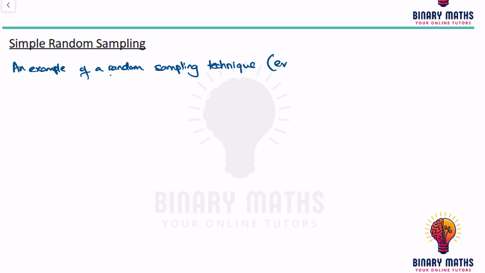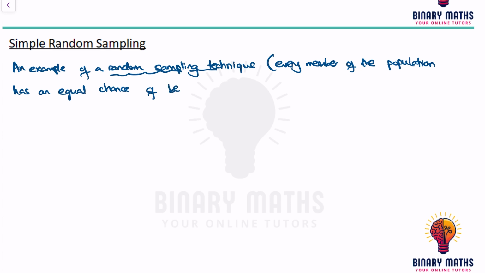In a random sampling technique, every member of the population has an equal chance of being selected in the sample. So this reduces bias.